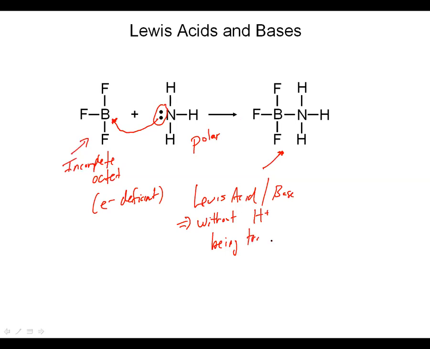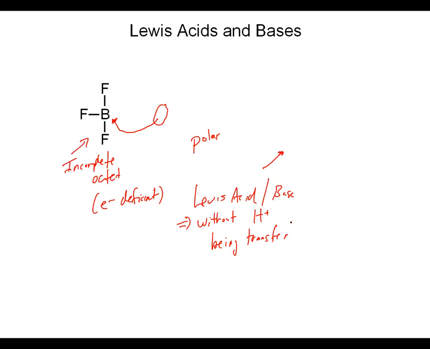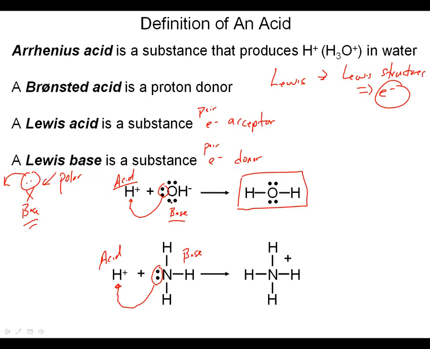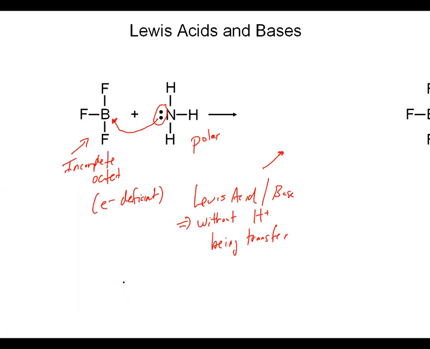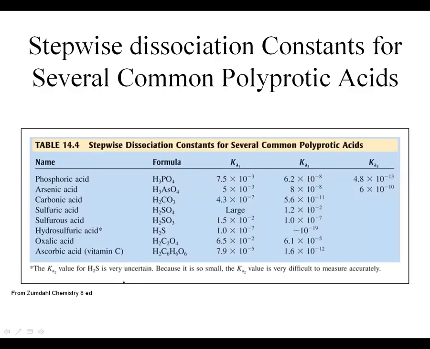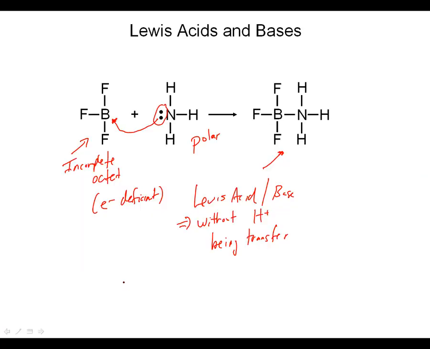In the other two examples that we looked at, although we looked at them in the sense of Lewis acids and bases, we could have still looked at them in the Bronsted-Lowry definition, as there was an H plus being transferred and accepted. But here, we can apply this acid and base definition to something that does not involve any H plus being transferred, and still identify something as a Lewis acid or a Lewis base.